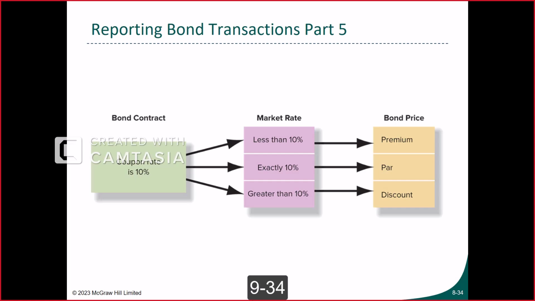So I'm not going to elaborate on the issuance at par because it is very theoretical. It almost never happens in reality. It is just used for learning purpose. Issuance at par means the coupon rate is exactly equal to the market rate, which means no premium, no discount.